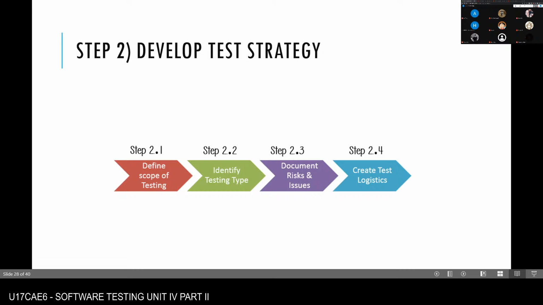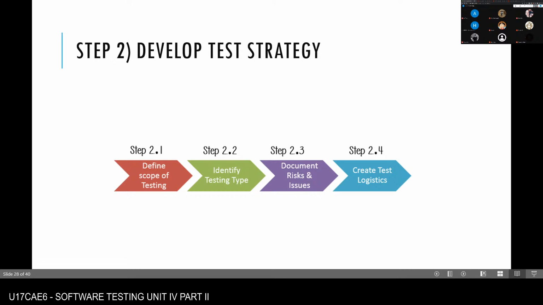Logistics is the resources, the amount, what you are going to bring, who is going to come, everything comes under logistics. So the first step, as we have seen, is scope of testing, the components of the system to be tested, that is hardware, software, as I told.